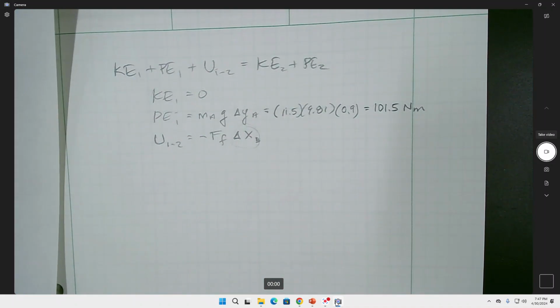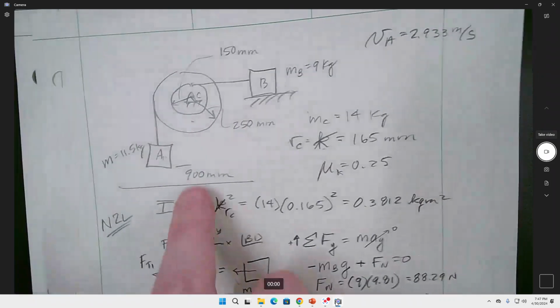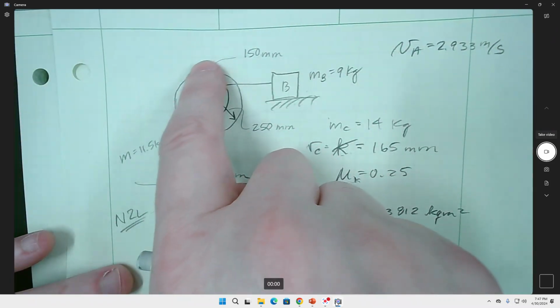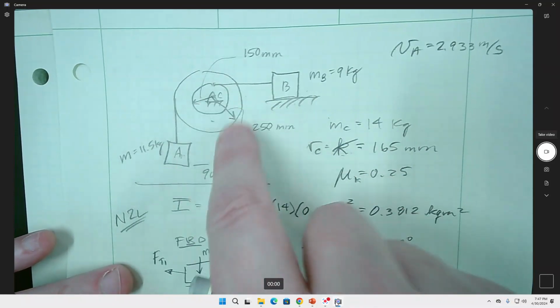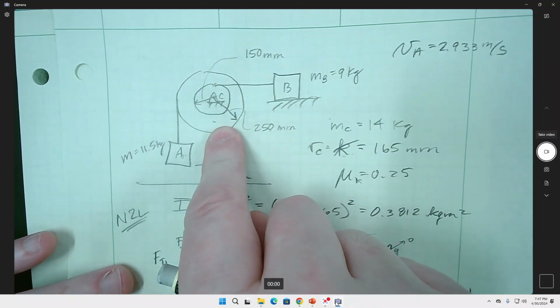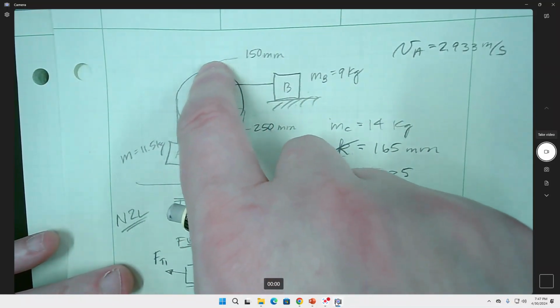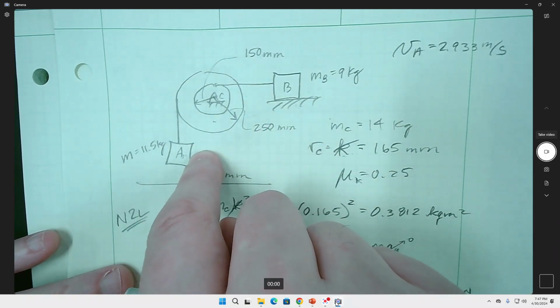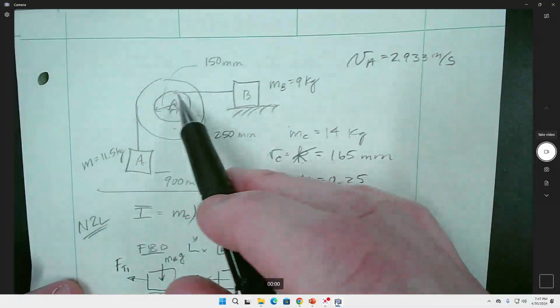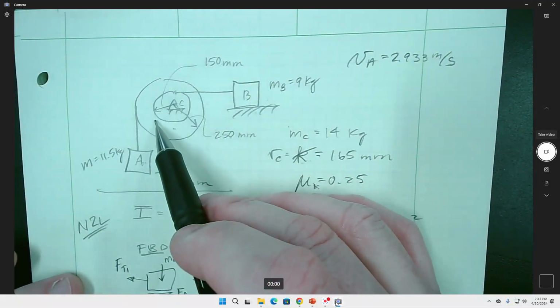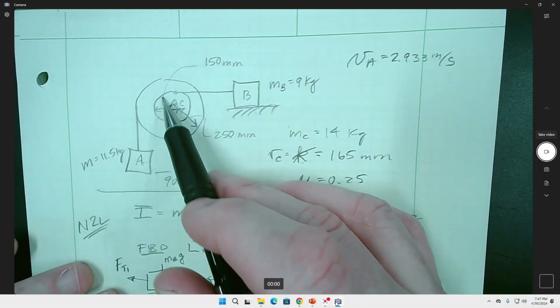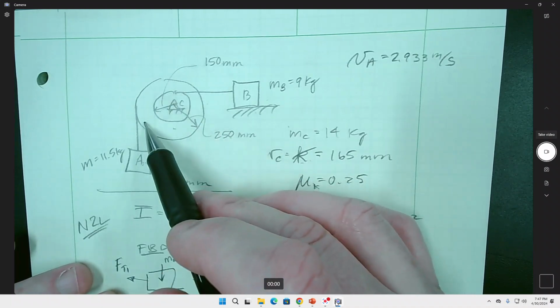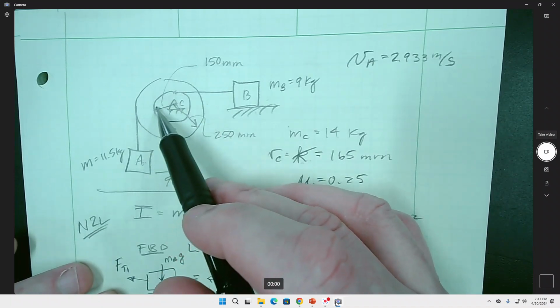The amount of travel that A does is going to cause an angular change in this disk. And that's the amount of unwrapping that the rope of A is going to do, and that's going to be the amount of wrapping, equal to the angle times the radius, and that equals the amount of wrapping that B does.